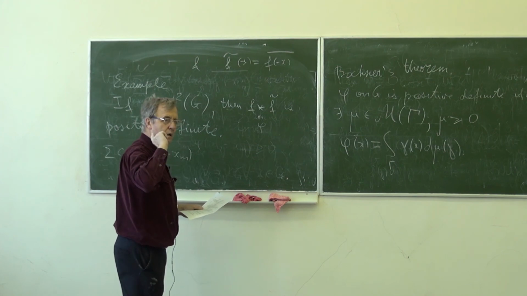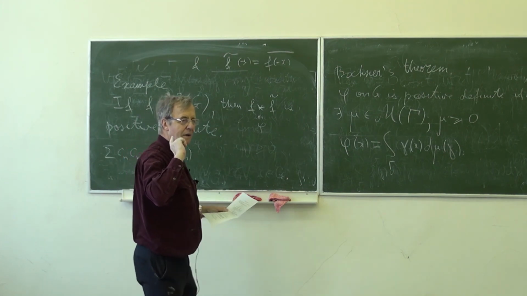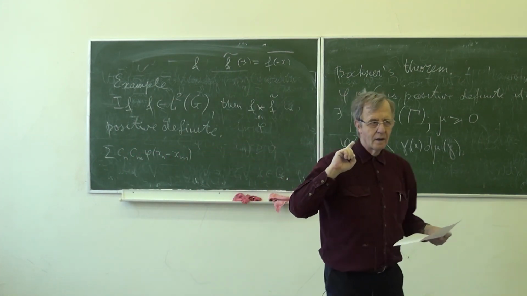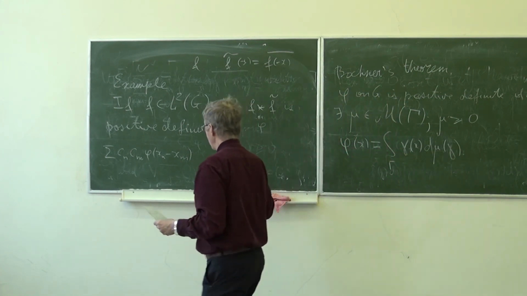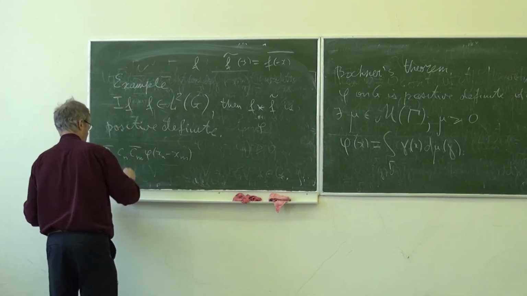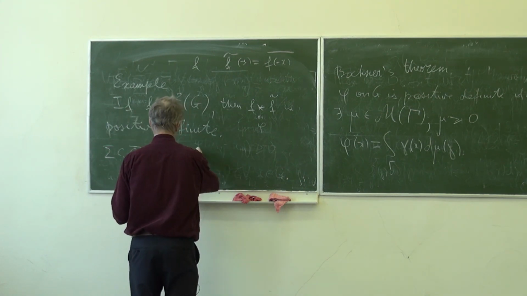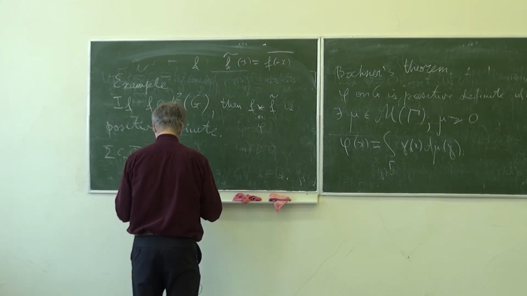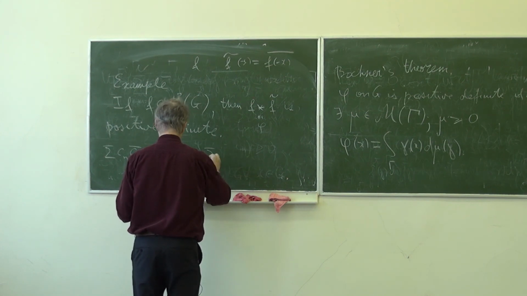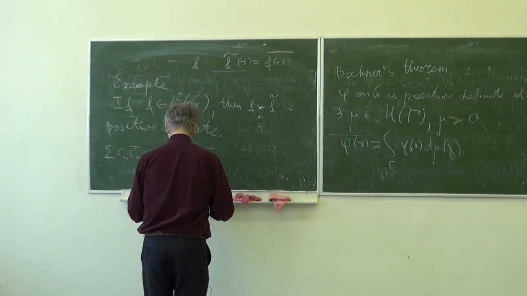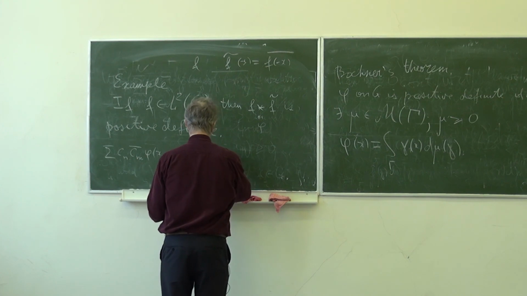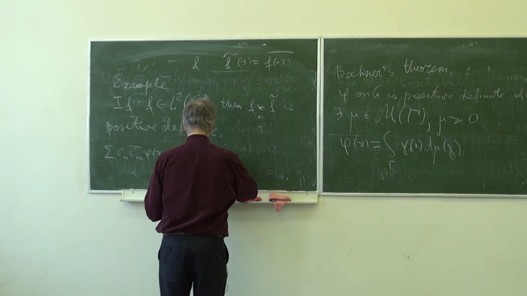Sorry, Cn bar. Yes, sure. Complex conjugate. Okay, so we write what the convolution is, and if we take into account all these transformations, we see that we obtain the following.